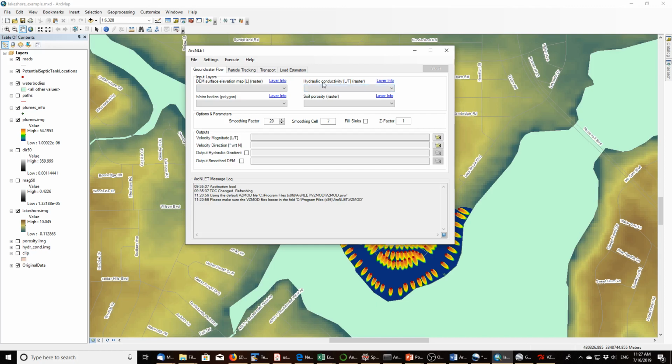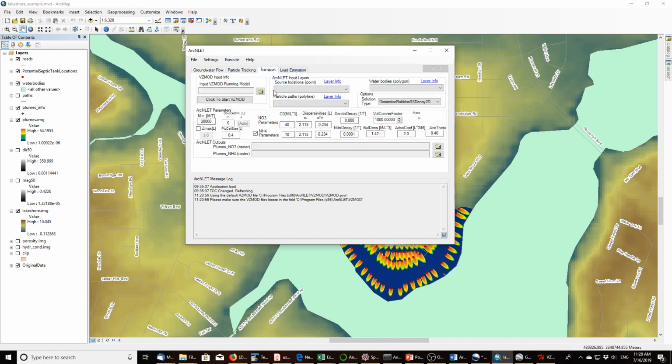For hydraulic conductivity, you see in the square bracket L over T, which means this requires the unit of length per time. If something is dimensionless, say porosity, we do not put any unit there. And the water table, of course, has no units, because it's just a location.